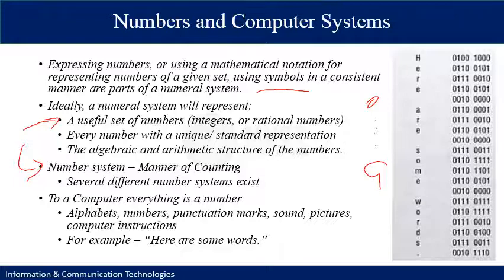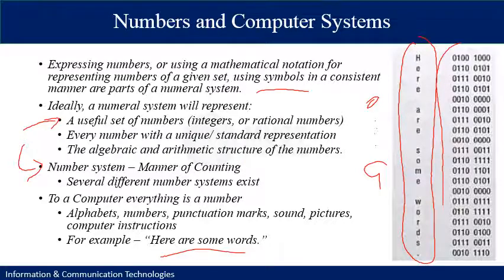For a computer, everything is a number, whether these are alphabets or numbers themselves, punctuation marks, sounds, pictures, or computer instructions. Everything is a number, and the number is represented in a binary format. For example, here are some words represented in our natural language and in computer language in comparison.